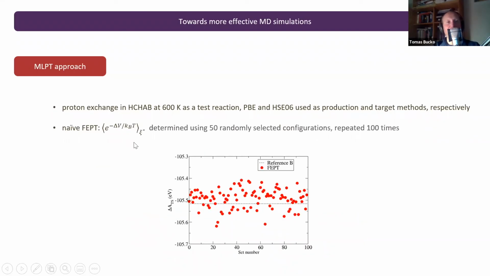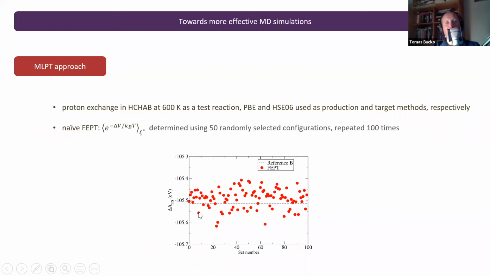Okay, and now let's assume that we want to apply free energy perturbation theory, but we can only afford 50 extra calculations for each correction term. And let's focus on the correction term for the transition state for a while. Okay, so in this numerical experiment, I made 50 random choices of configurations generated at the PBE level, and computed the correction term.